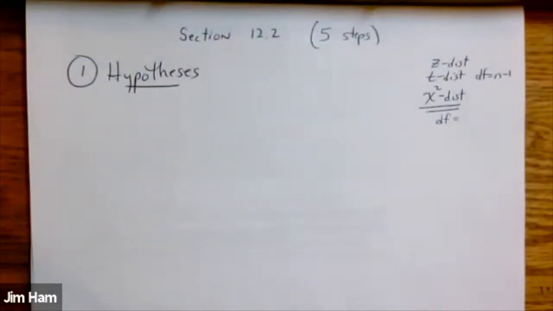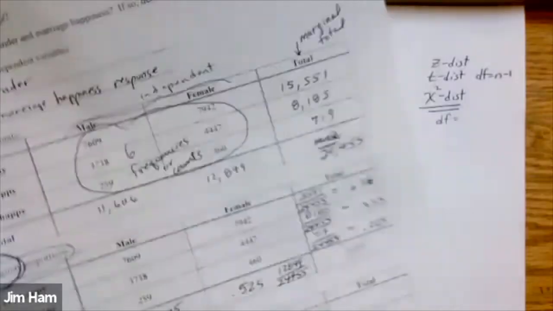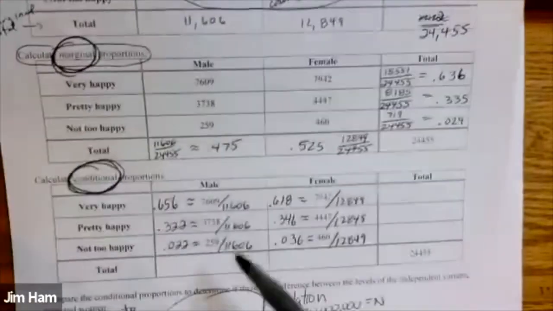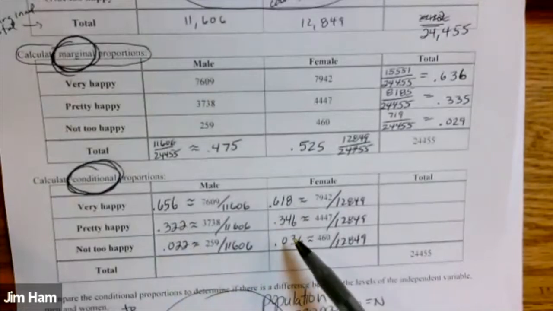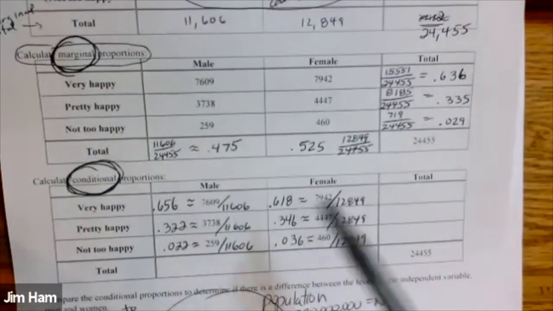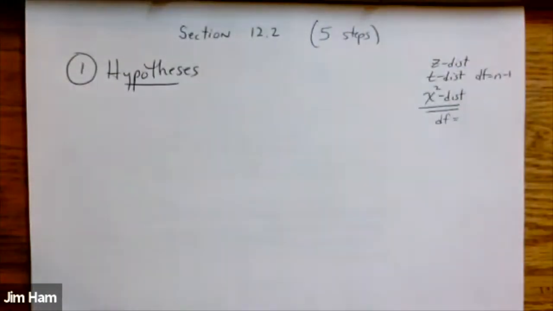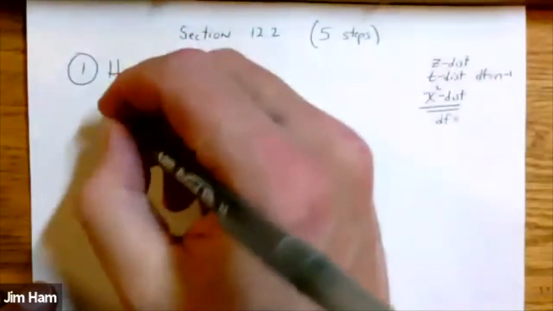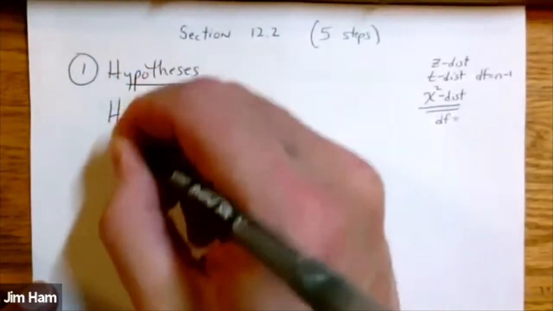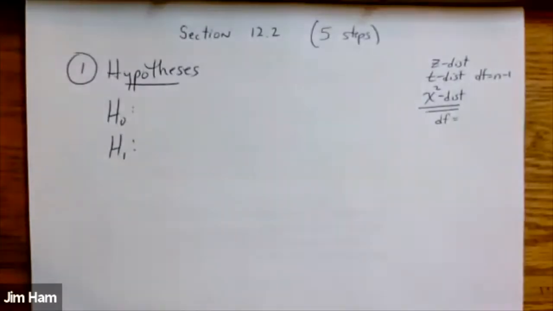And for this test, in that last example, we had 6 different proportions that we could calculate. Here they are: 1, 2, 3, 4, 5, 6. 6 conditional proportions in a contingency table. So we have to think about this in a different way. And remember, I said at the beginning that we're looking at comparing to see if there's a statistical difference between 2 categorical variables.